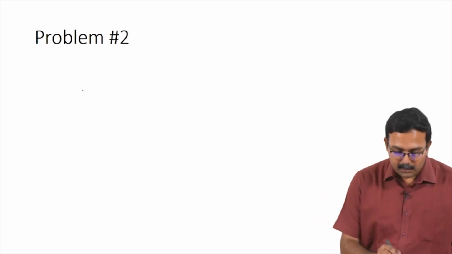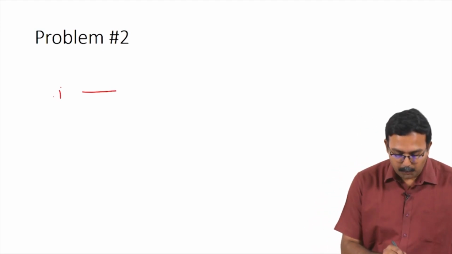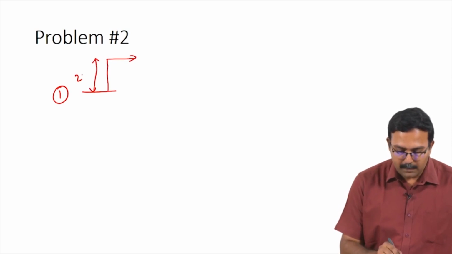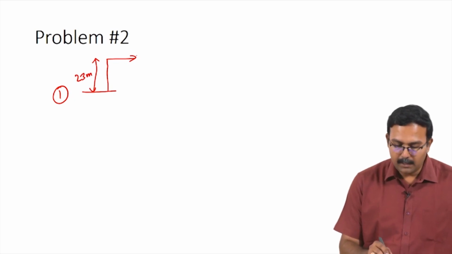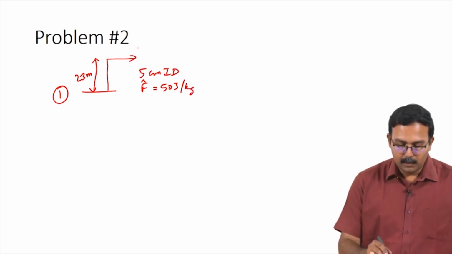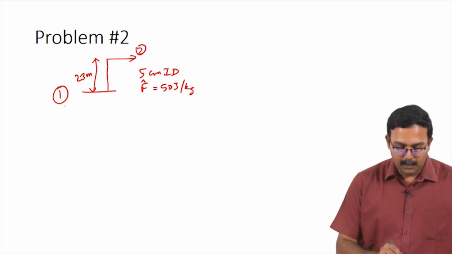Let us call the liquid level point 1, and from here the discharge happens at a height of 23 meters above the liquid, through a pipe which is 5 centimeter inner diameter, and the friction loss is equal to 50 joules per kilogram. We also know that at points 1 and 2 the pressure is 1 atmosphere.